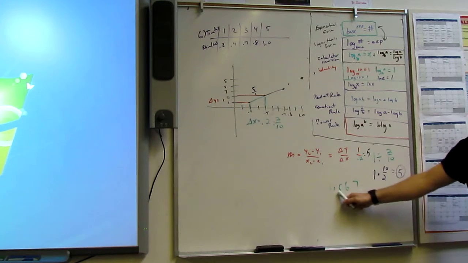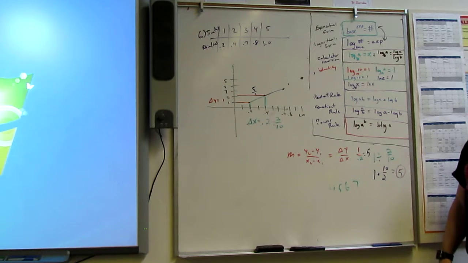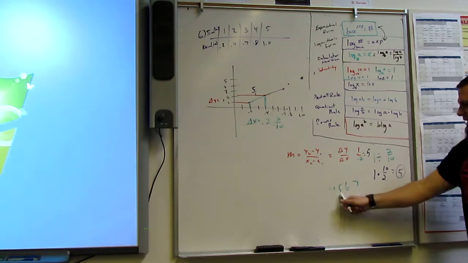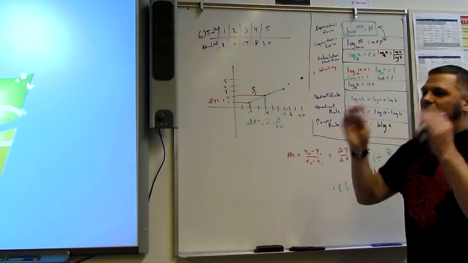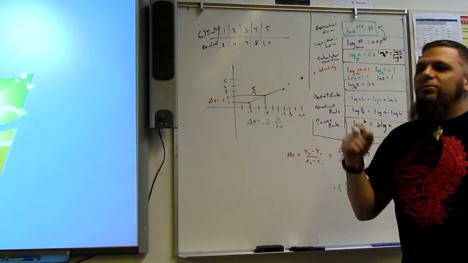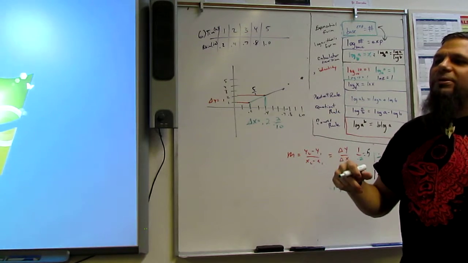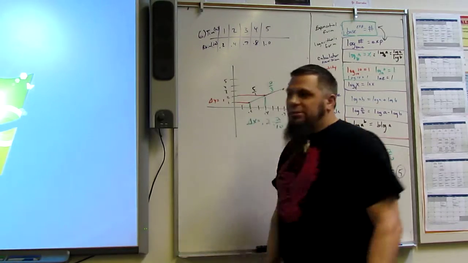From 4 to 7. 3. Okay, from 4 to 7, it's got 3 spots, right? So from 4 to 7, 0.3, right? And so it's 1 over 0.3. So 3/10, what's the reciprocal of 3/10? 10/3.